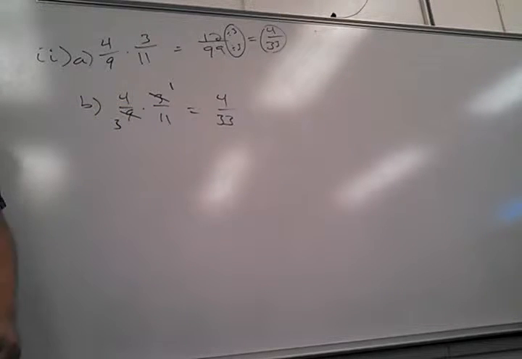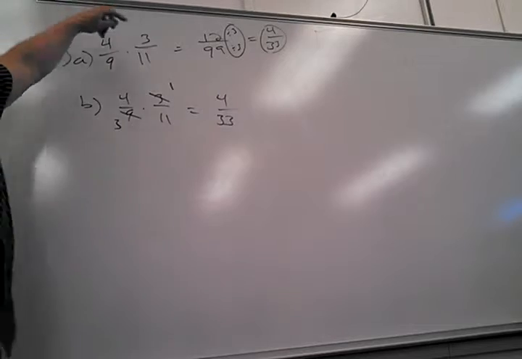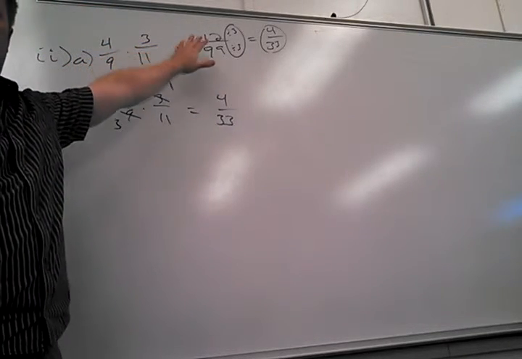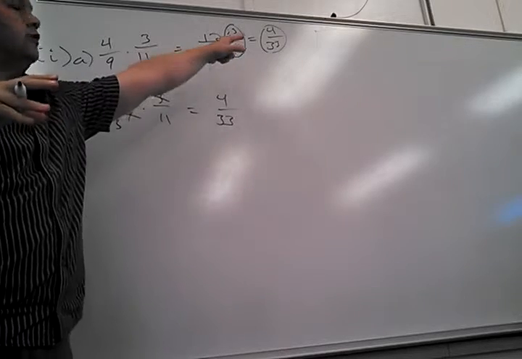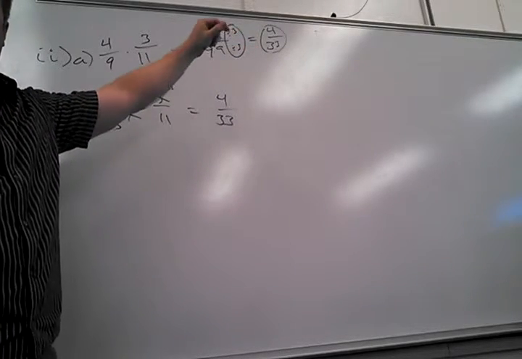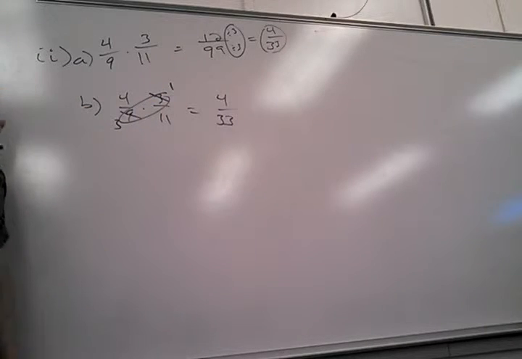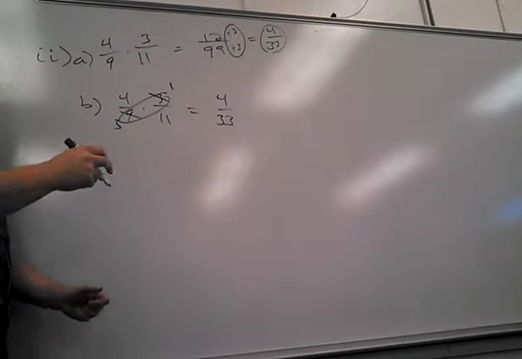Is that cool? And then I noticed I could reduce that because they both had a 3. But here I said, why don't I just reduce that 3 first? 3 goes into 3 once, 3 goes into 9 3 times. 3 over 9 would reduce to 1/3. And then I can just multiply across with the smaller numbers.